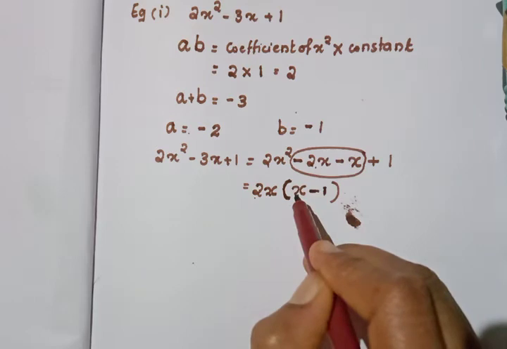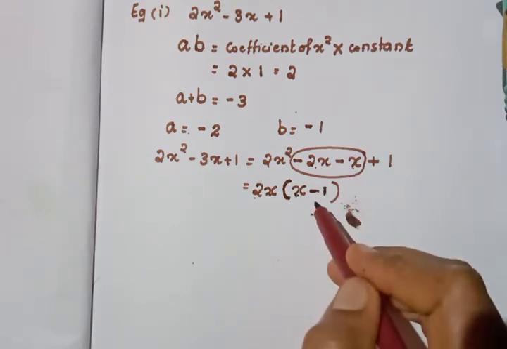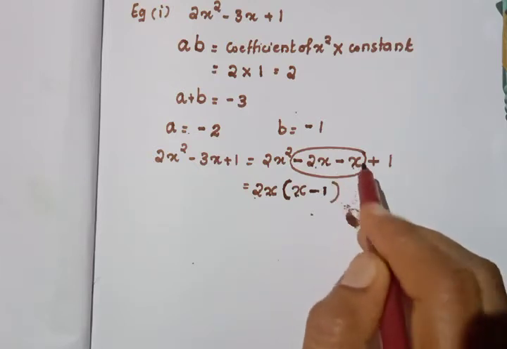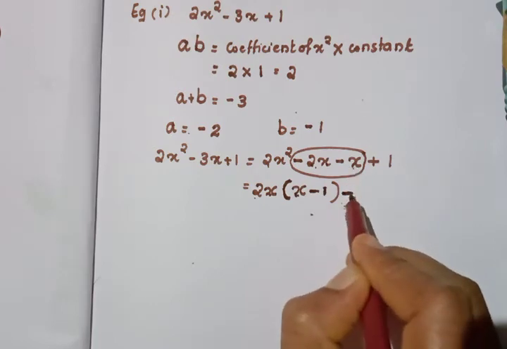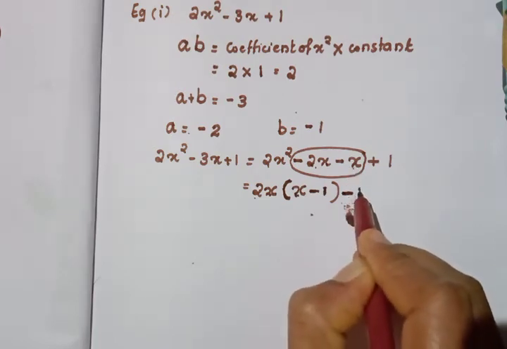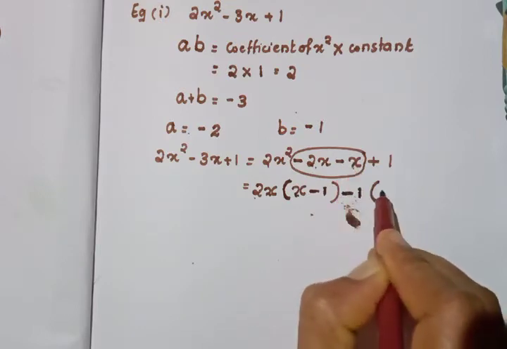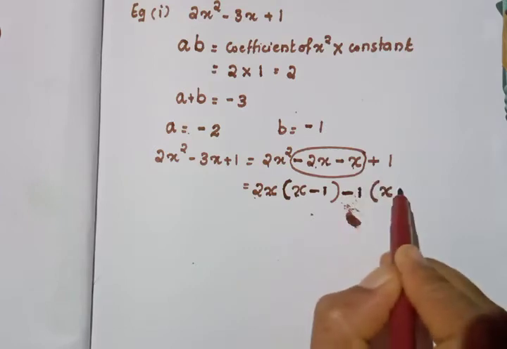Instead of plus x, here you have minus x, and instead of minus 1, you have plus 1. So we can take negative 1 outside from here. When you take negative 1 from negative x, positive x will be remaining, and here negative 1.